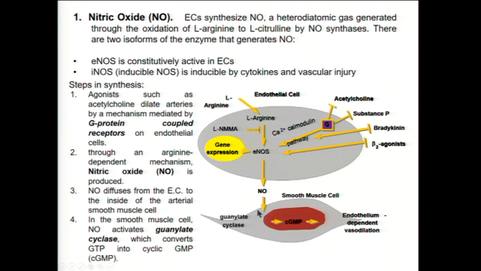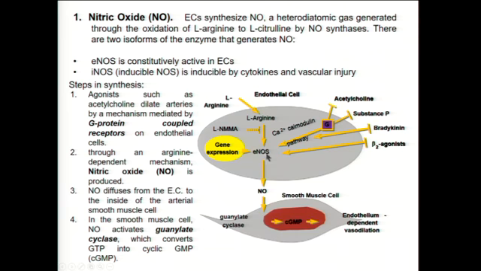Once it's in the smooth muscle cell, nitric oxide activates guanylate cyclase. And I also mentioned that in our signal transduction lecture. Guanylate cyclase does lots of things, but it generates second messengers. So, let's summarize this. Endothelial cells sense circulatory factors in the blood.